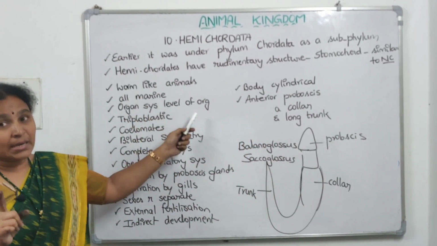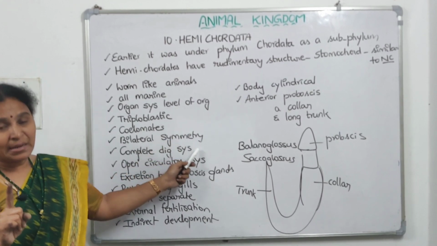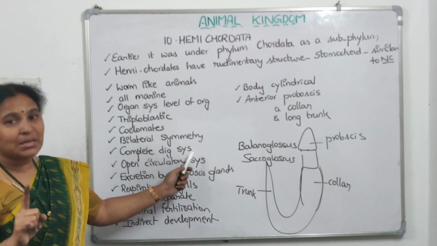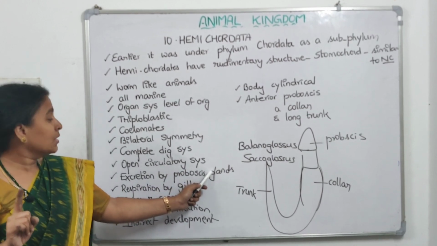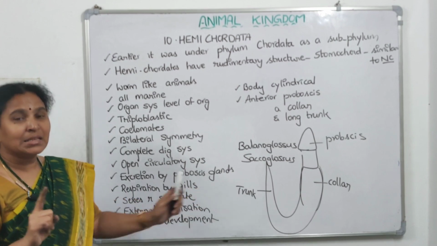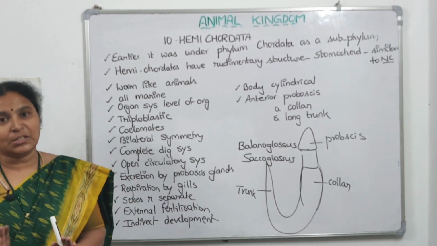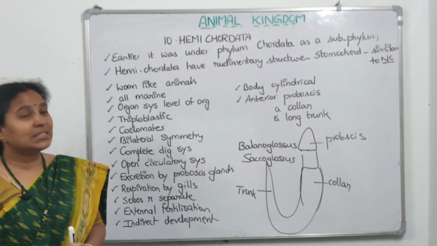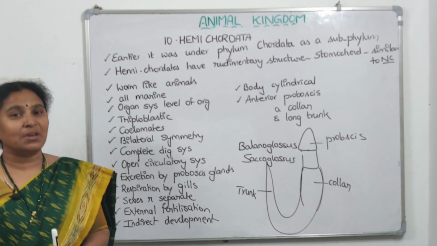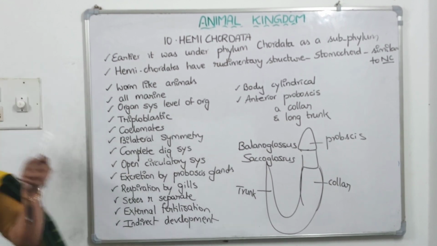Organ system level of organization, they are triploblastic, true coelomates, bilaterally symmetrical. Digestive system is complete. Circulation is open type. Respiration is by gills. Excretion is by proboscis gland. Sexes are separate, means they are dioecious. Fertilization is outside. External fertilization, development is indirect. Take a screenshot, then we will see all these 10 phylums in a comparison, which will help us to easily remember all the systems in one glance.